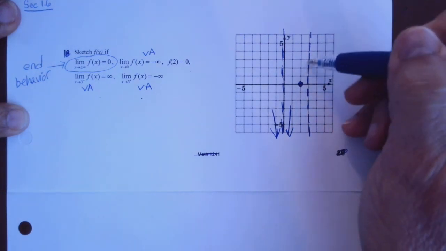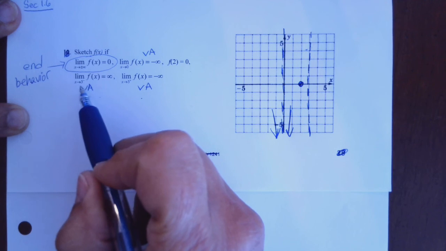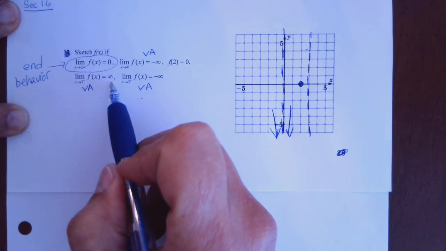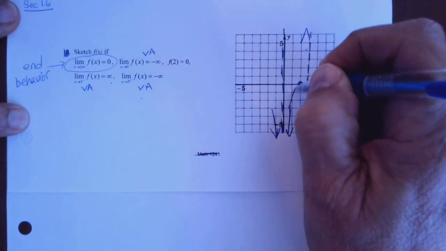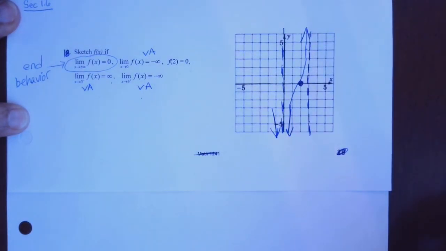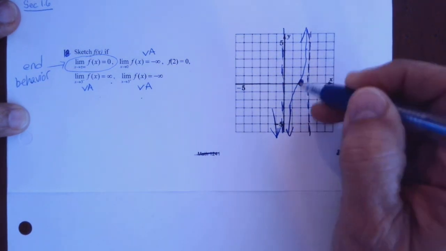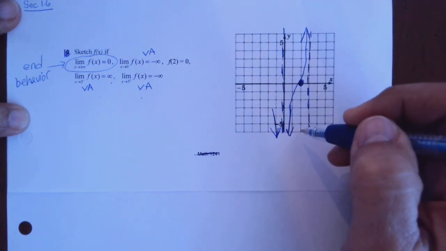And then what's happening at 3 on the left over here? Well, when I go to 3 from the left, I'm going to positive infinity. So that's up here, right? 3 from the left. So that means this graph has to do something like that. It has to go through that point. And it has to come this way, it has to go that way. I don't know exactly what it's doing, but something like that.